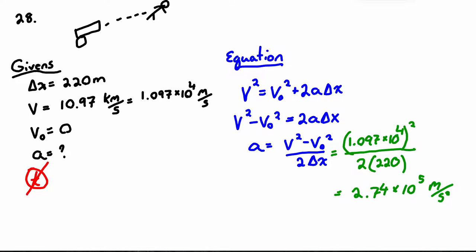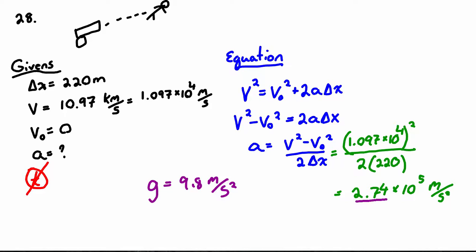Okay, so that is a gigantic number. If we look at what g is, 1 g, the acceleration due to gravity, that's equal to 9.8 meters a second squared. This is 2.74 times 10 to the fifth meters a second squared.